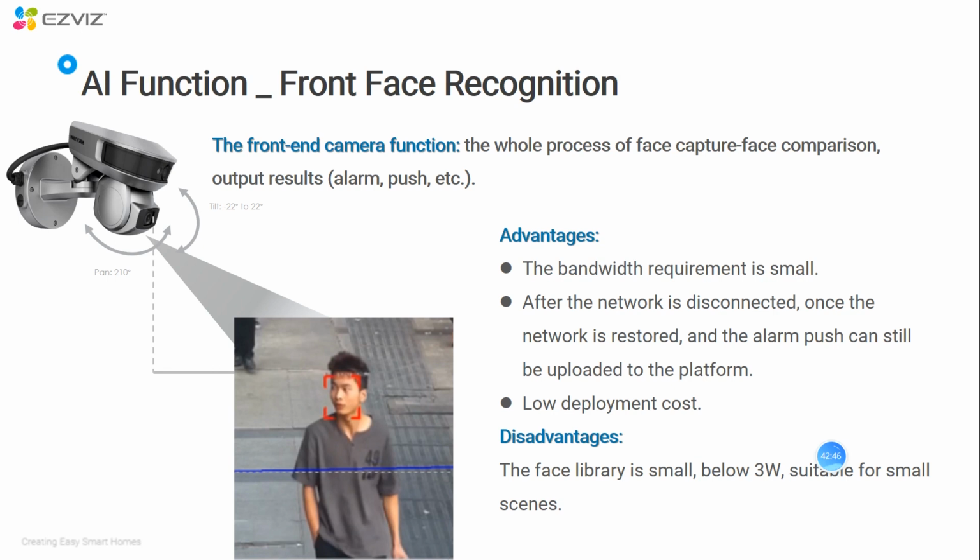The second is that after the network is disconnected, once the network is restored, the alarm push can still be uploaded to the platform. And it costs less to deploy. The disadvantage is that the face library is small, which is suitable for small scenes.